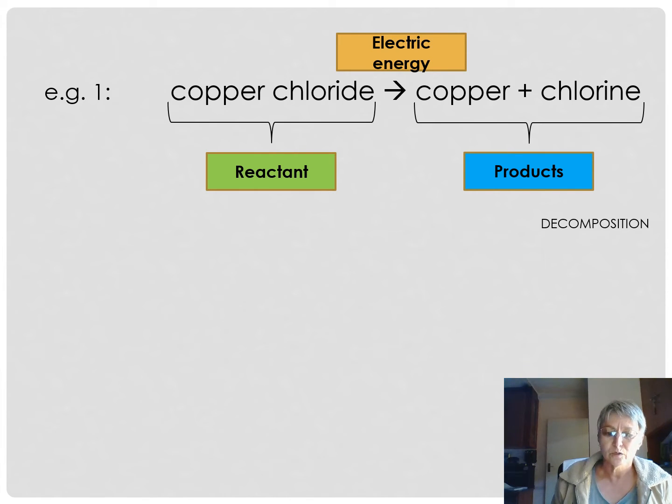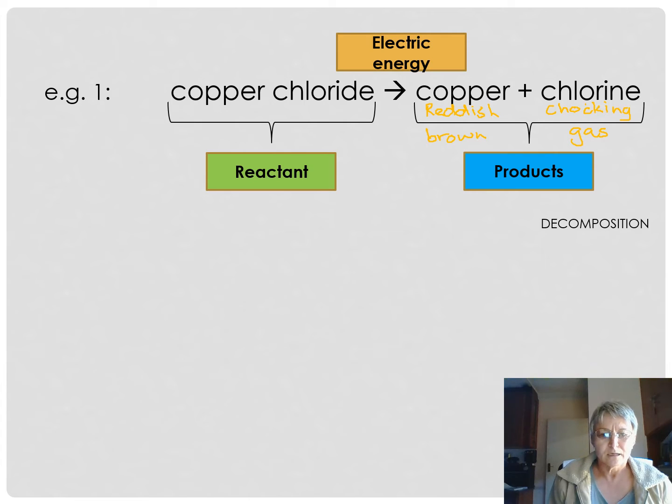Now, the things that we will see during this reaction is the copper that forms is a reddish-brown color. And the chlorine that is formed is a choking gas. Actually, it's a toxic gas.